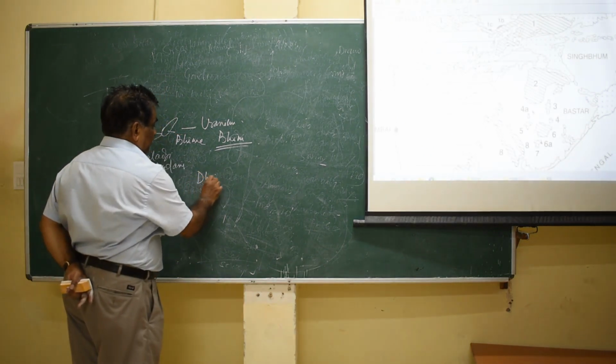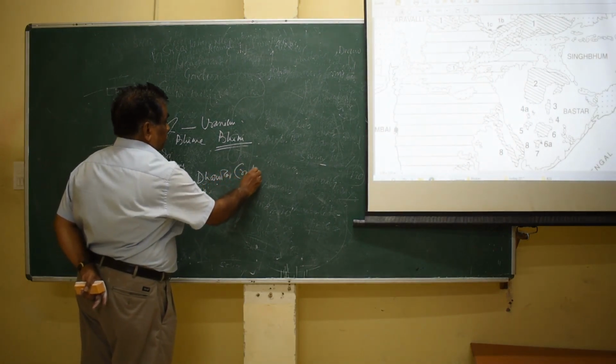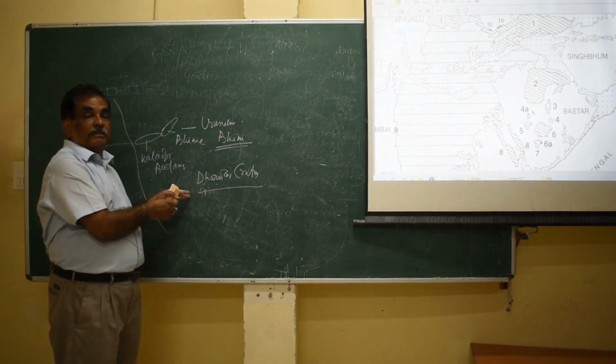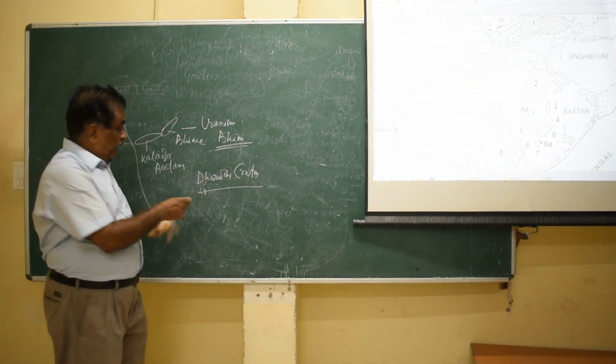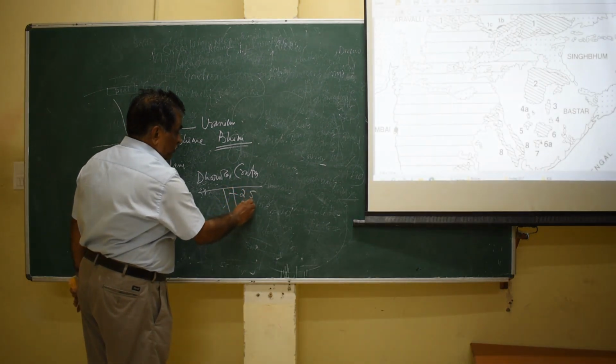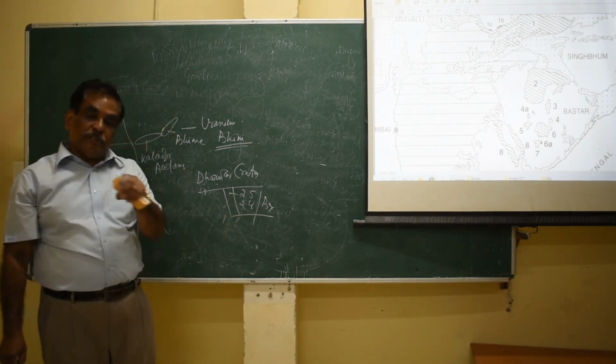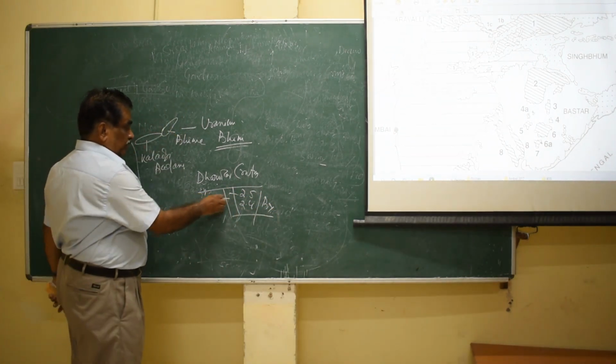So here is your Dharwar craton. Dharwar craton has many granites, 2.5, 2.4 billion year granites are there. They have this uranium.